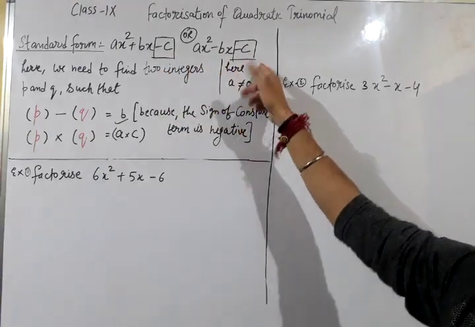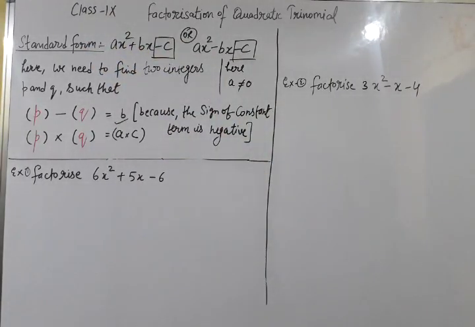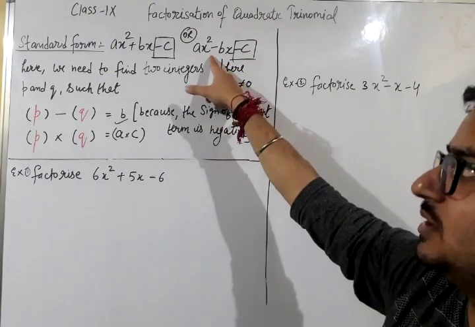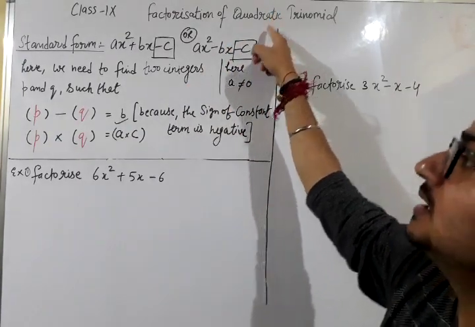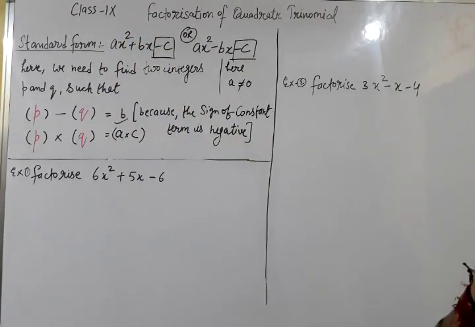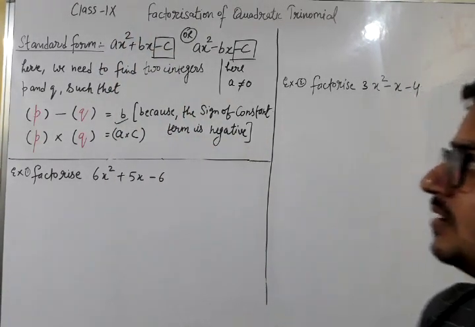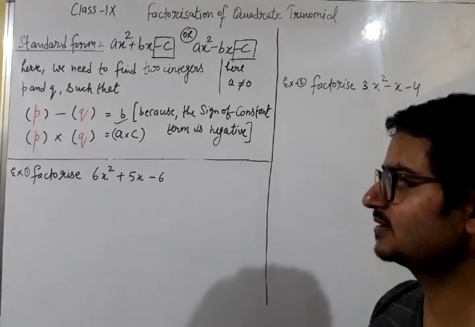Minus bx minus c or plus bx minus c. In this case it will be a linear polynomial, but we are studying quadratic trinomial, therefore a cannot be equal to 0. Now starts your first example of the second kind, 6x square plus 5x minus 6.